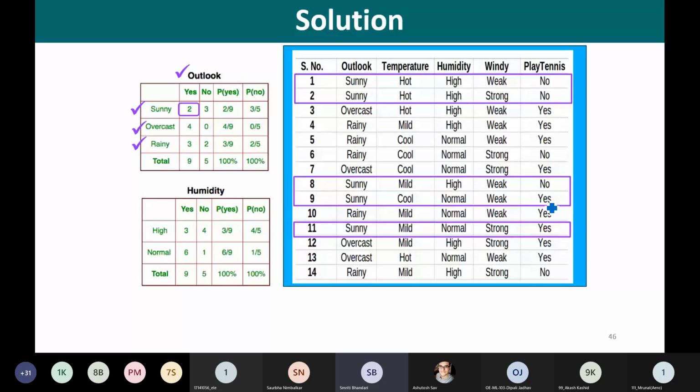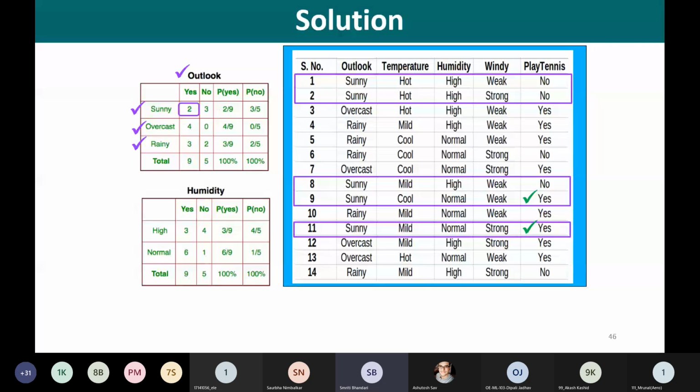We find that 2 instances have play tennis value yes. So this 2 indicates that we have 2 instances for which the outlook value is sunny and play tennis value is yes.